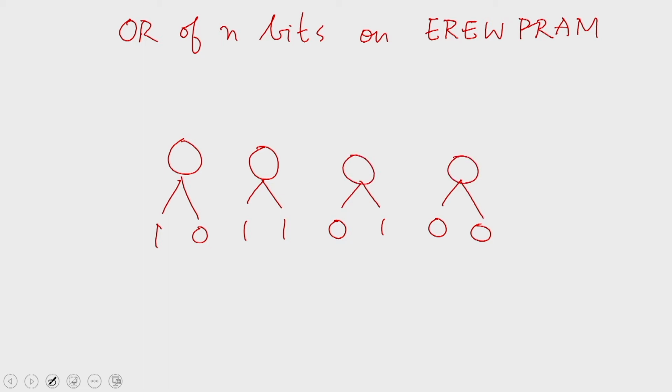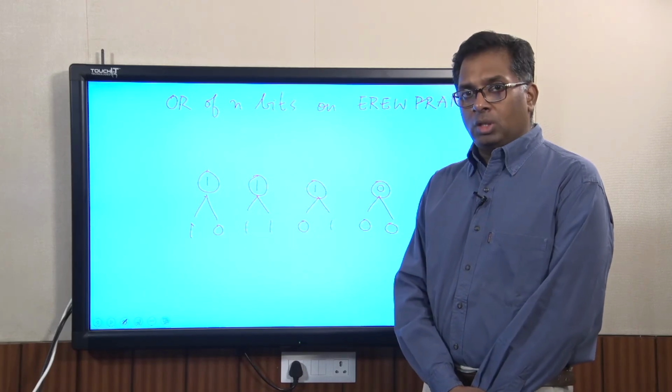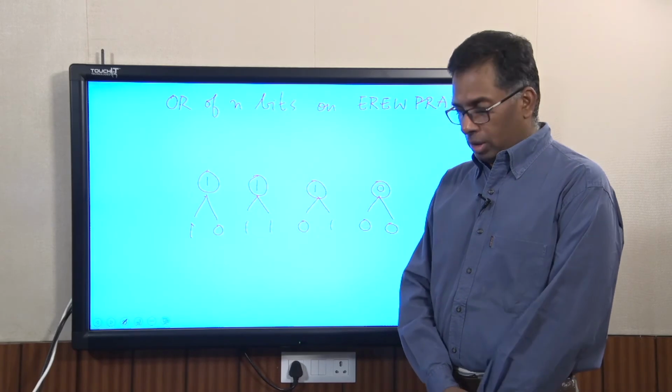The OR of the first 2 bits is 1. The OR of the next 2 bits is 1. The OR of 0 and 1 is 1 again, and the OR of 0 and 0 is 0. So, we have now reduced the array of size 8 to an array of size 4. The OR of these 4 bits will form the OR of the given 8 bits.